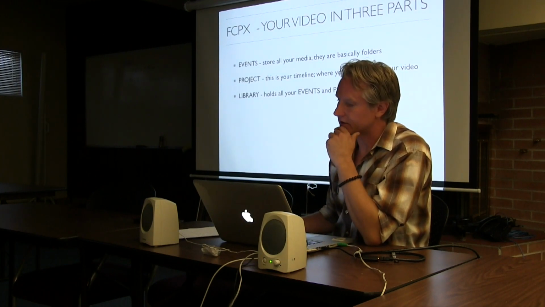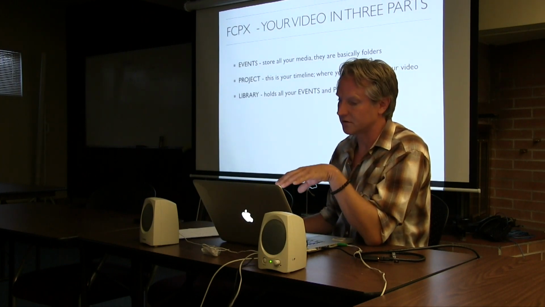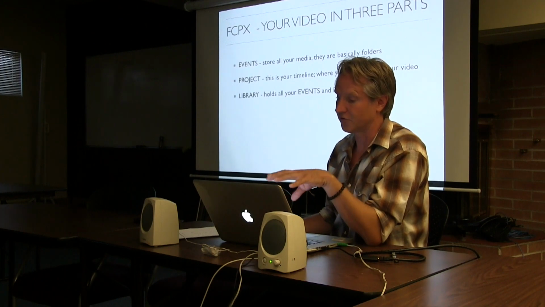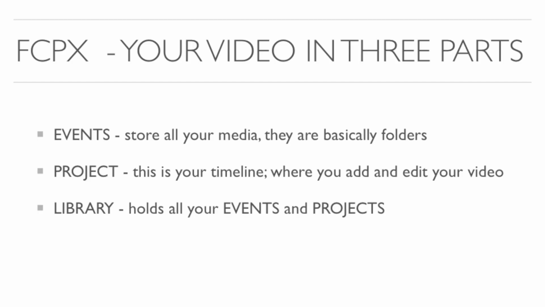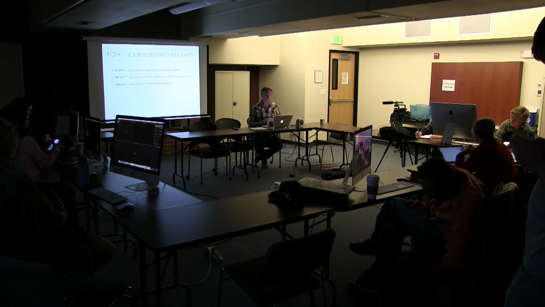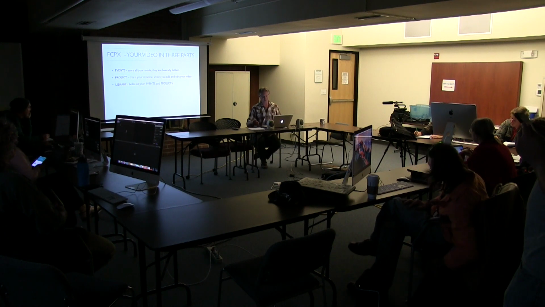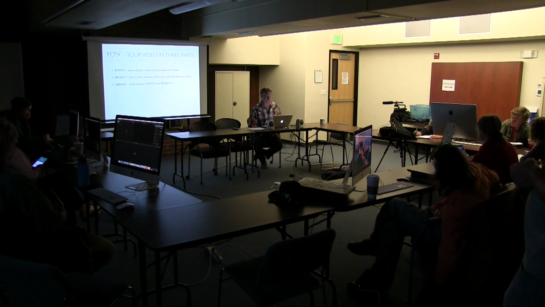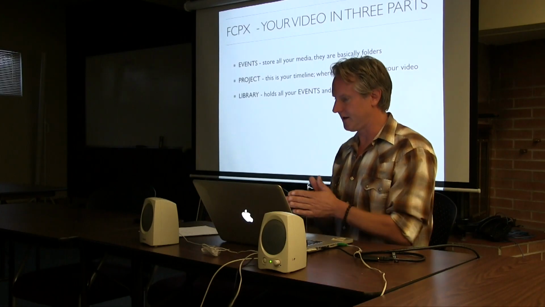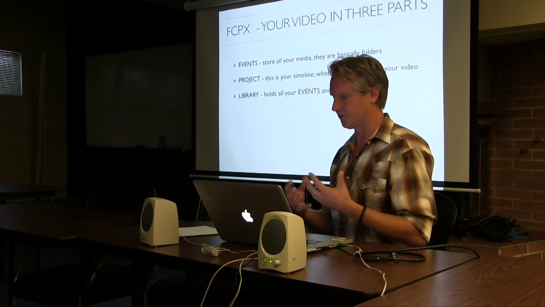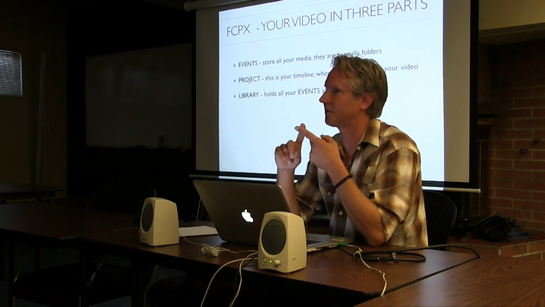There are 3 terms that I want to start off by making sure we're all familiar with. And they are events, projects, and libraries. This is how Final Cut is going to organize your media. They're not altogether intuitive, because there was a time when events were called bins or folders and projects were called timelines, but the new way Final Cut is organizing your media is events, which are basically folders.